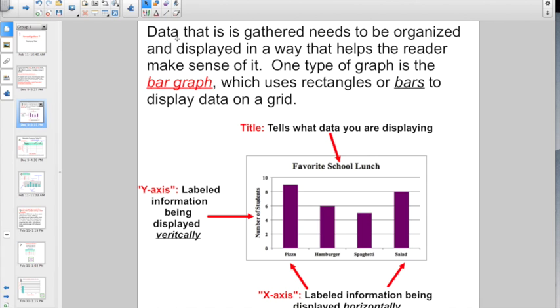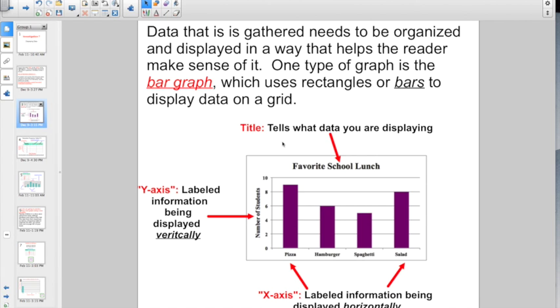So to kick it off right now, it says, data that is gathered needs to be organized and displayed in a way that helps the reader make sense of it. One type of graph is the bar graph, and we covered this back in Investigation 5 as well. Bar graphs use rectangles, or bars, to display the data on a grid. But there's a couple other things than just a bunch of rectangles.